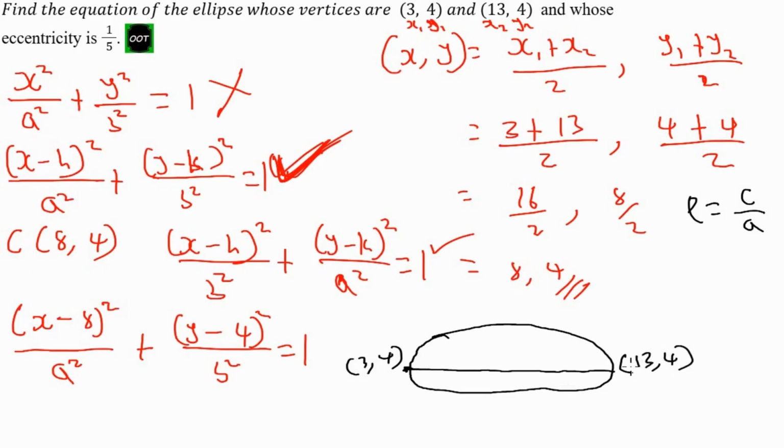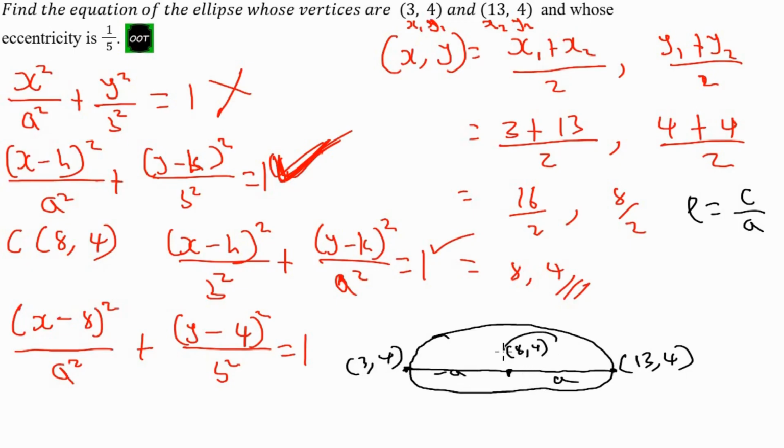So right now, we used the midpoint formula to get this one, and we got that as 8,4. Remember, we said from the center of the ellipse to one end of the ellipse along the major axis is the value of a. And the same thing applies, negative a for the left hand side.